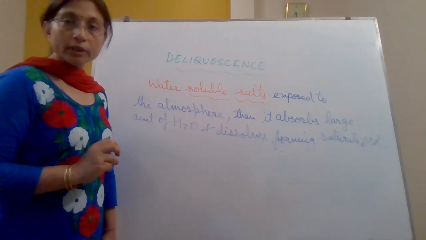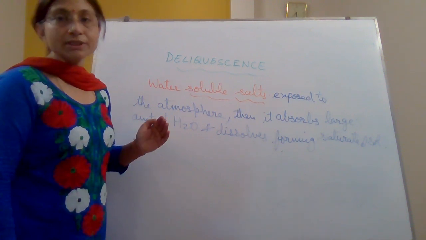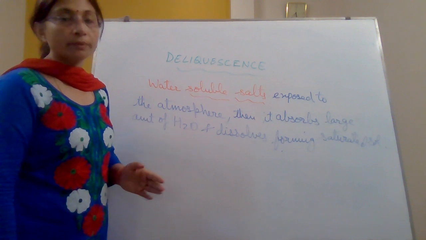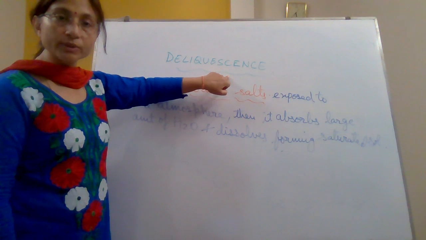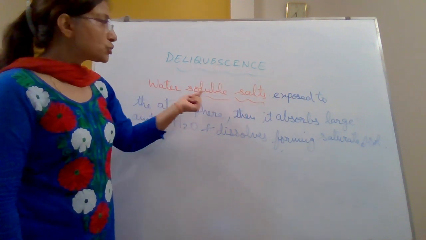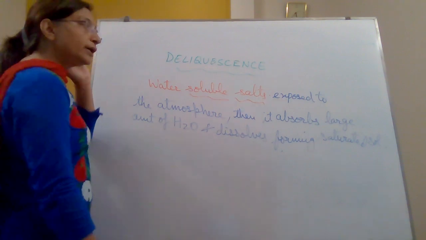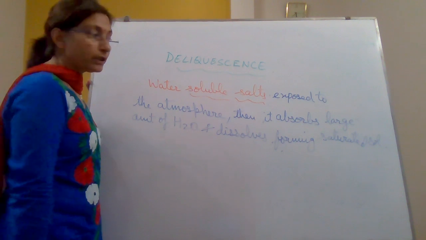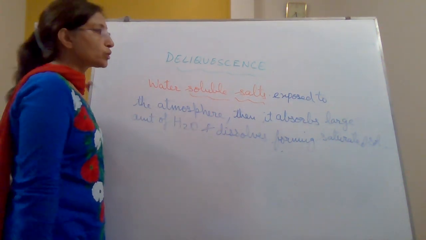So when the salt is exposed to the atmosphere, this salt loses its water of crystallization and crumbles to form the amorphous state. जबकि deliquescence में कोई भी water soluble salt जब हम उसको atmosphere से expose करते हैं, then it absorbs moisture from the atmosphere and dissolves in it, forming a saturated solution.